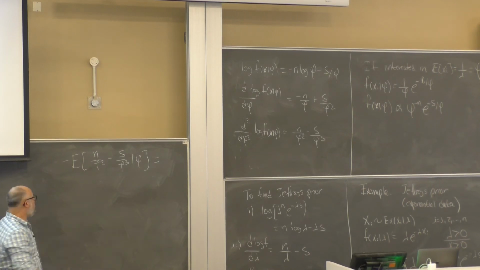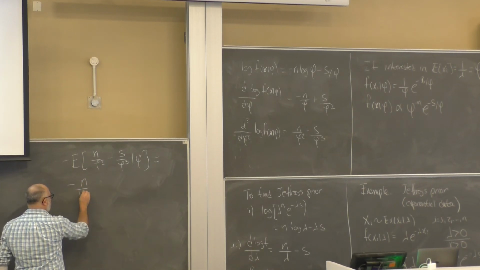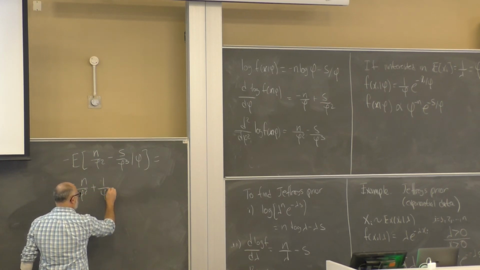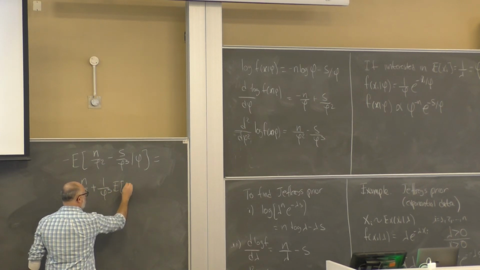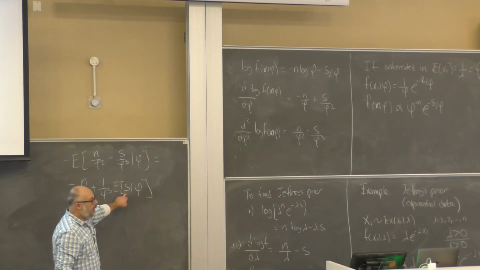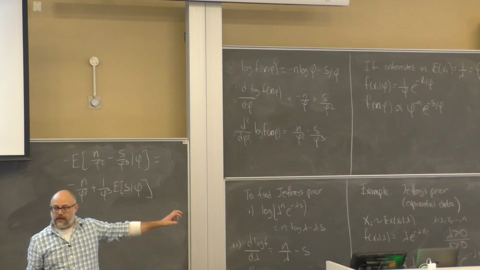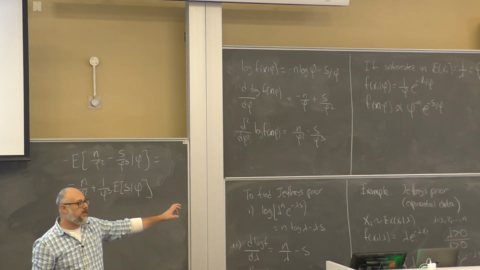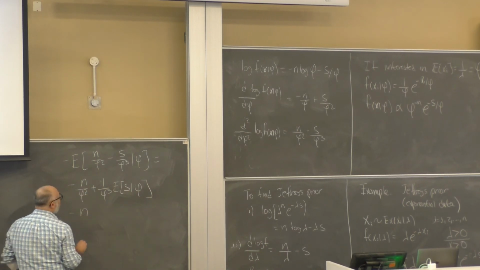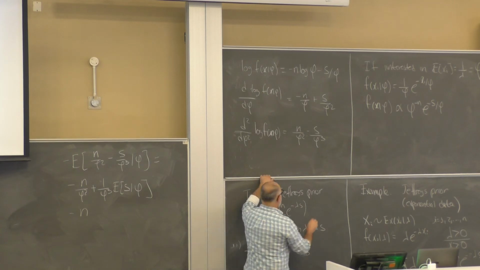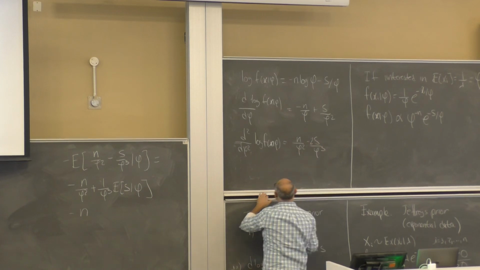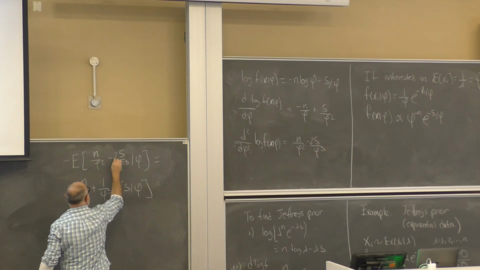There are no x's in there. S is the sum of the xi's, so the expectation of the sum is the sum of the expectations. So that is, I am missing a 2. Sorry about that.